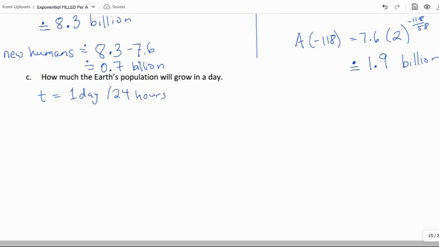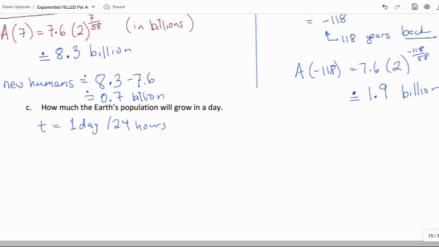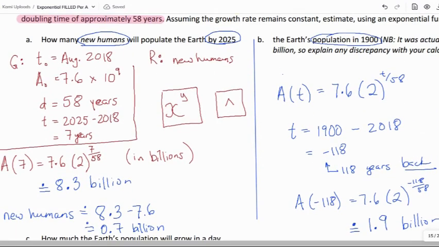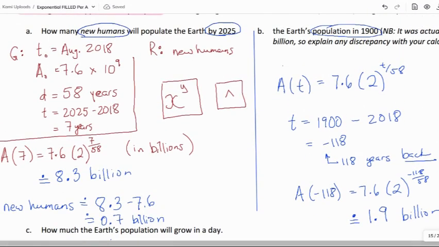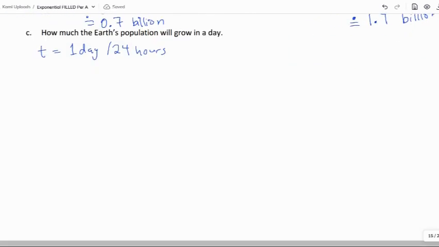I cannot put 1 because what is this equation based on? Years. It's based on years. The doubling time is 58 years. So, 2 options. 1, change the doubling time into days or hours, or 2, change the time elapsed into years.